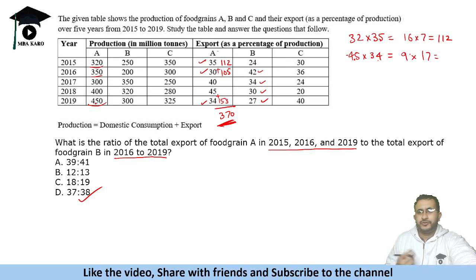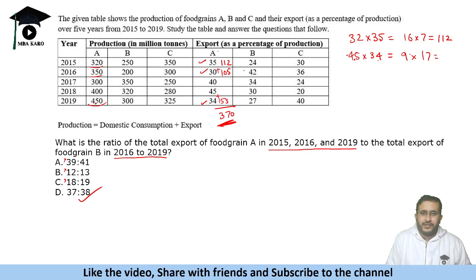Why am I telling you to mark this? Because the total 370 is correct, so it has to be a multiple of one of these numbers. 39 does not divide 370, 18 does not divide 370. Only 37 will divide it.